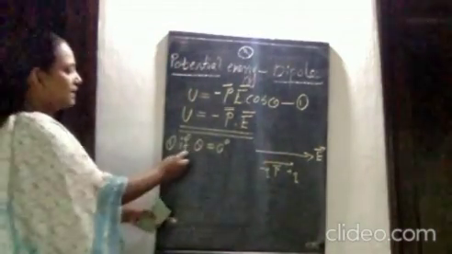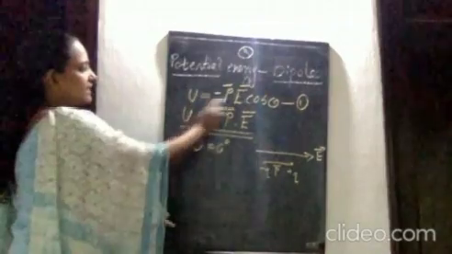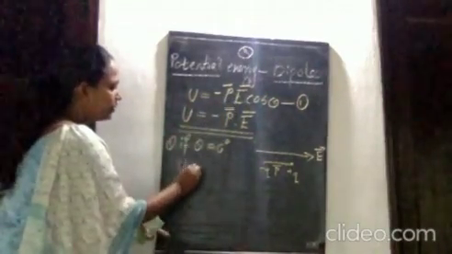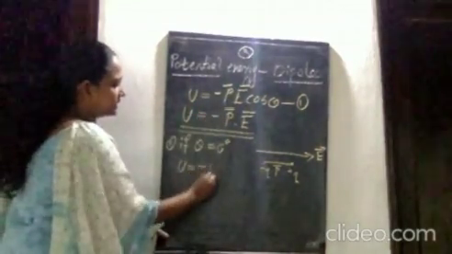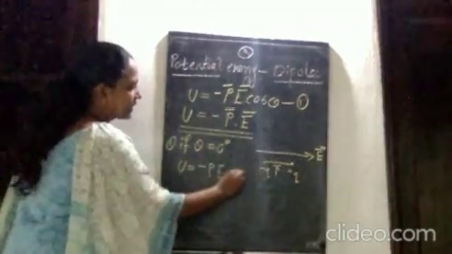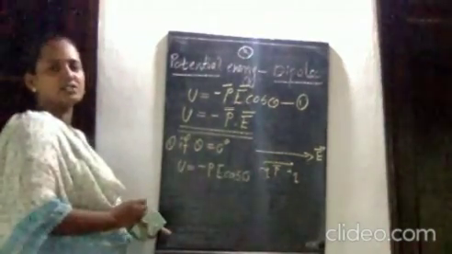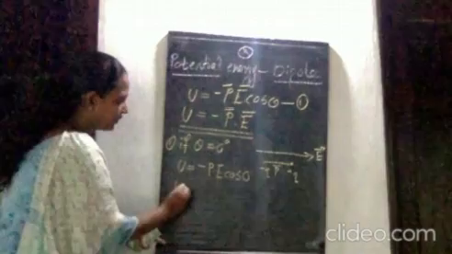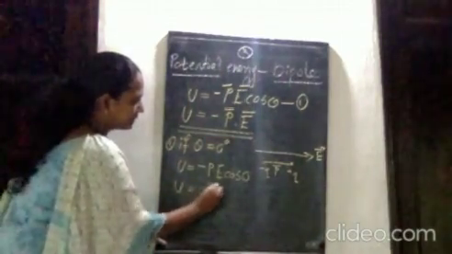So, if theta equal to 0, what is the potential energy? U equal to minus Pe cos 0. Cos 0 is 1. Therefore, U equal to minus Pe.